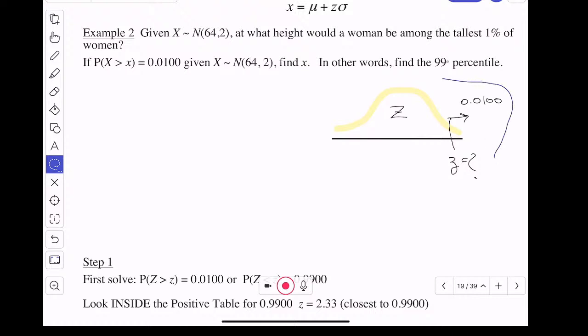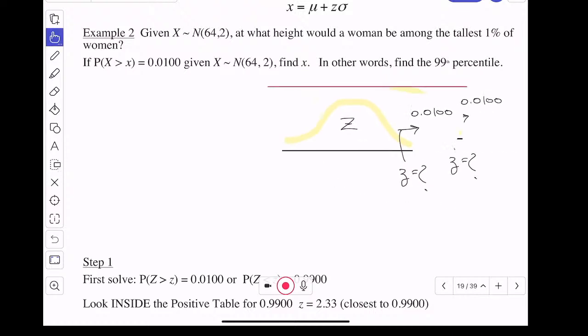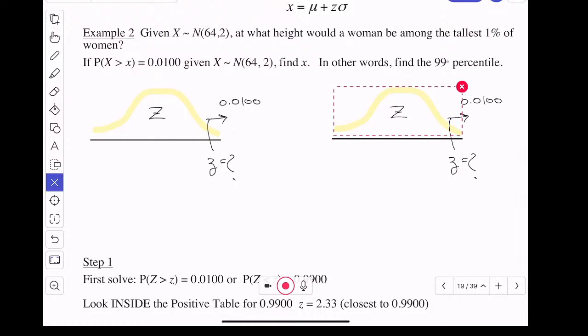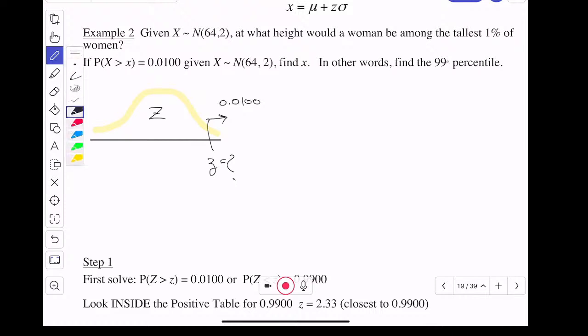So I actually want to move this all over here. So this is step 1. Which Z would give me that result?